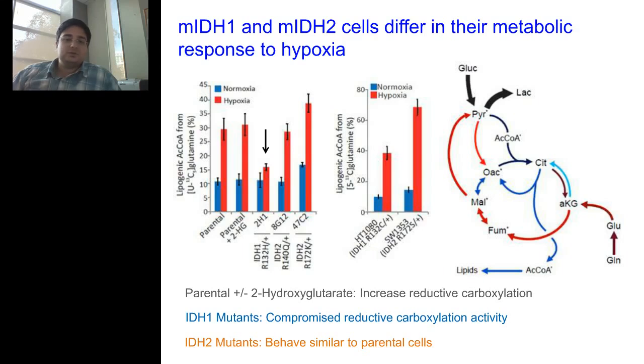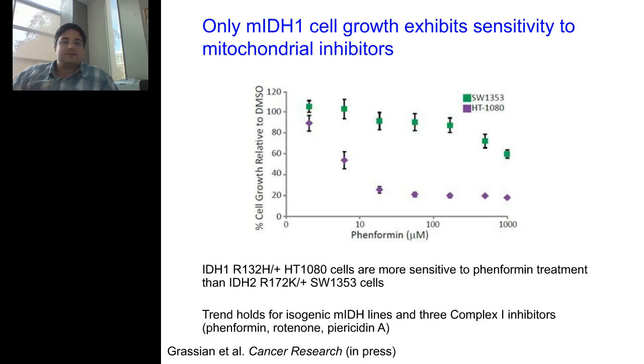And we see similar trends in comparing the IDH1 mutant HT1080s to the IDH2 mutant cells, which robustly activated this reductive carboxylation pathway, indicating that IDH1 and IDH2 cells differed in their metabolic phenotype. And we also observe this with respect to sensitivity to mitochondrial inhibition.